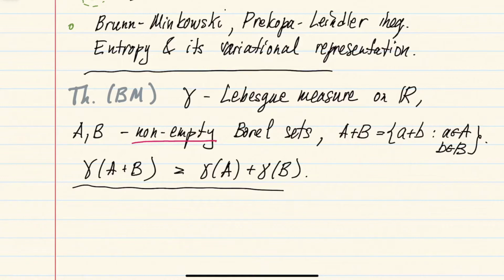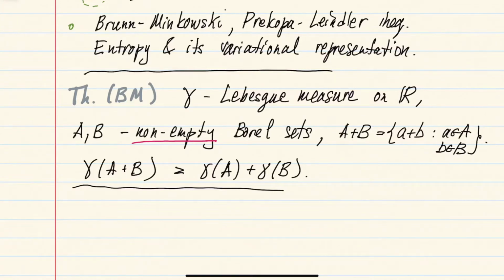If one of these sets was empty, then the sum would also be empty, and the inequality would not be true, because you would have 0 on the left-hand side, but you could have some positive number on the right-hand side if one of the sets is non-empty.